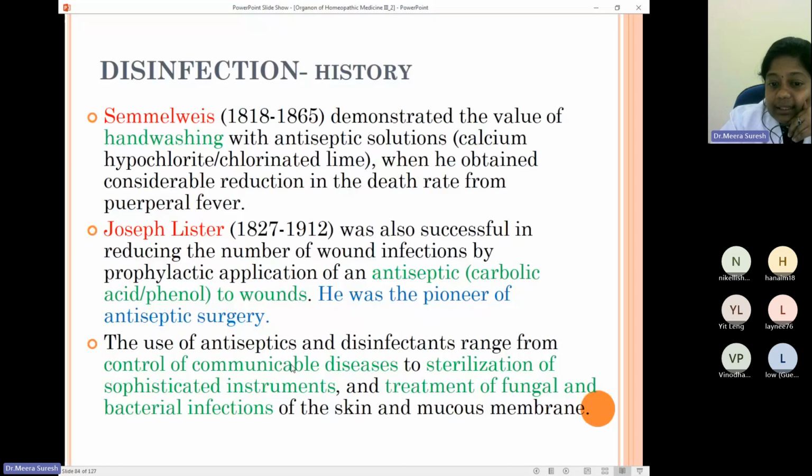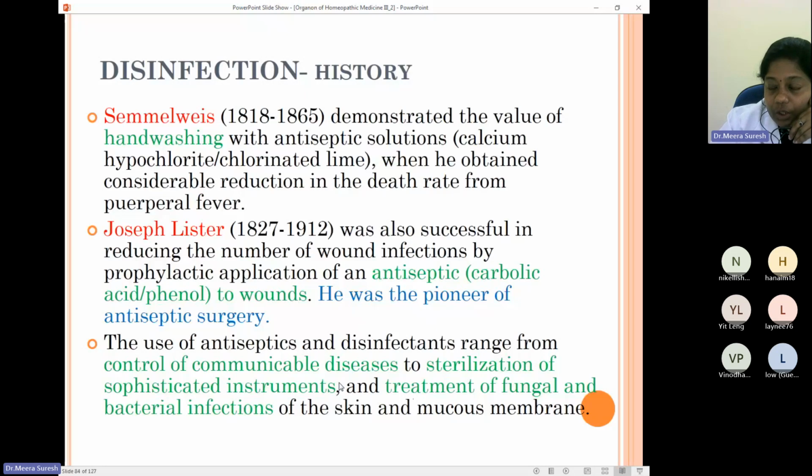Why do we use these antiseptics or disinfectants? One purpose is to control communicable diseases. We don't want the disease to get transmitted, so whatever we use, we clean it, we sterilize it. Then, to sterilize sophisticated instruments, especially medical instruments, and also for the treatment of fungal and bacterial infections on the skin and mucous membrane.